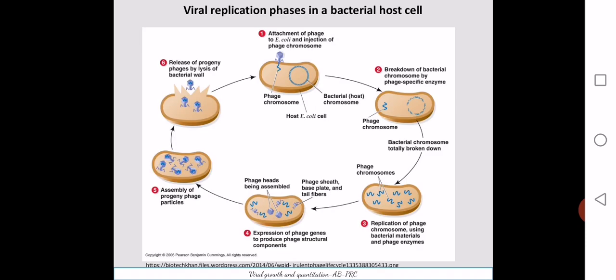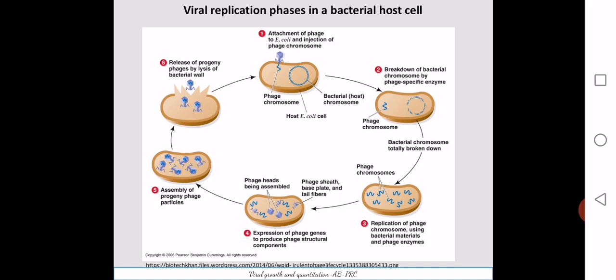In case of bacteriophages, or the viruses that infect bacteria, almost a similar mechanism occurs. In case of bacteria, there are two possibilities. One is that the host chromosome will be lysed after the entry of the virus into the cytoplasm. In such cases, we call them lytic phages.